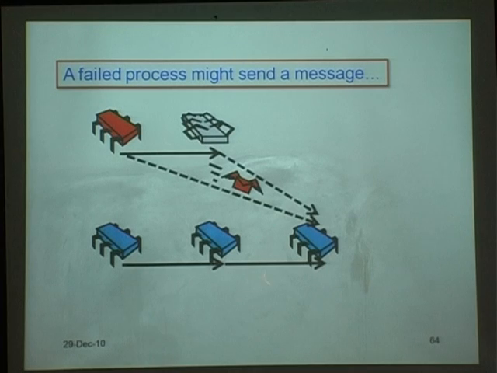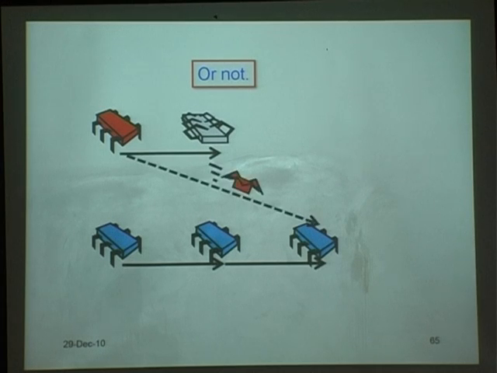So here, blue gets a message from red at micro round 1, even though it failed at that round. Or it might not send a message. You might get a message from 0, but not from 1. So again, there's some uncertainty. If I don't get a message on micro round I, then I know that it failed either at I or at I minus 1. I don't know which one.